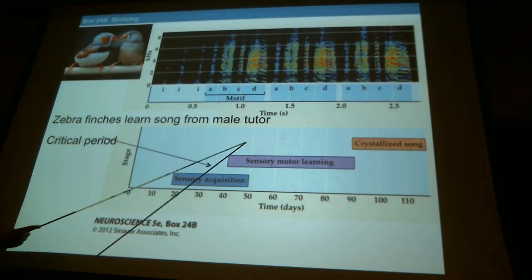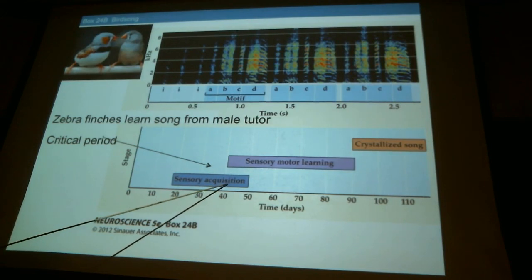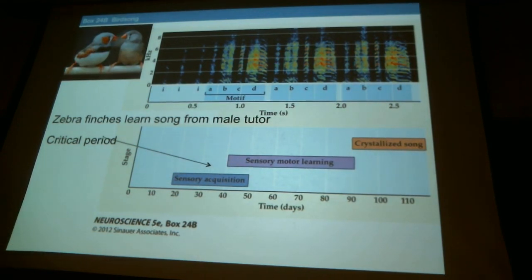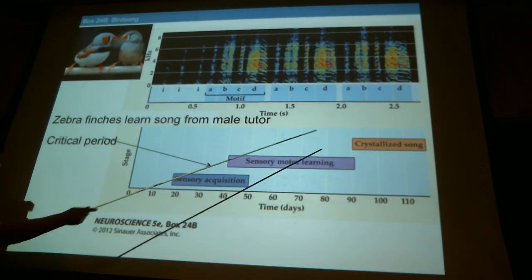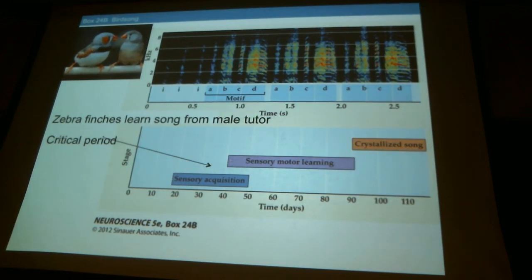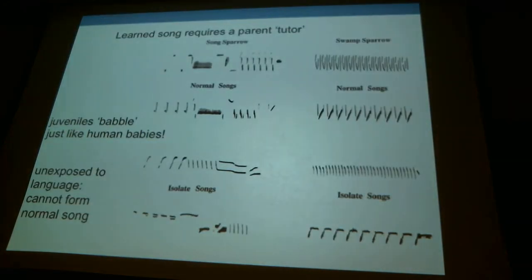They have sensory feedback from either the parent or from their own song, so they're listening to what they're doing, which is very critical. Eventually, they get it, and they sing the very same stereotyped song over and over again, which is great if you're a researcher because you can really define the song. But if you disrupt this, you can get very human-like disruptions of speech learning.